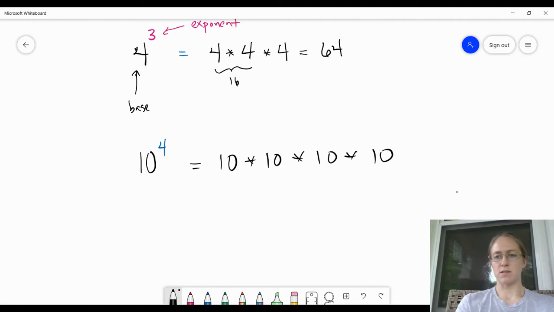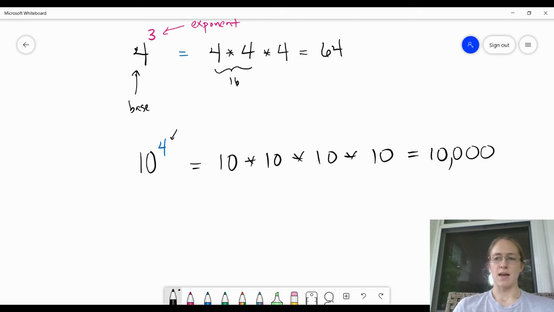And the thing that we noticed in class is that whatever that exponent is, that tells us how many zeros there are going to be in our final answer. So 10 to the 4th power is a 1 followed by 4 zeros, like that.